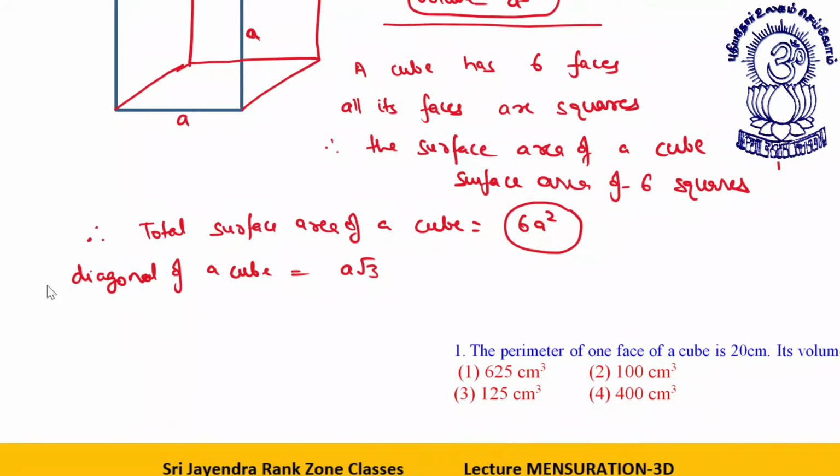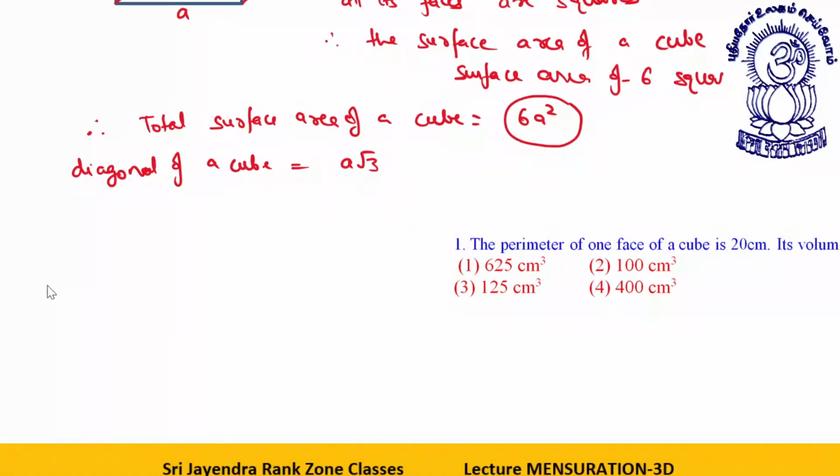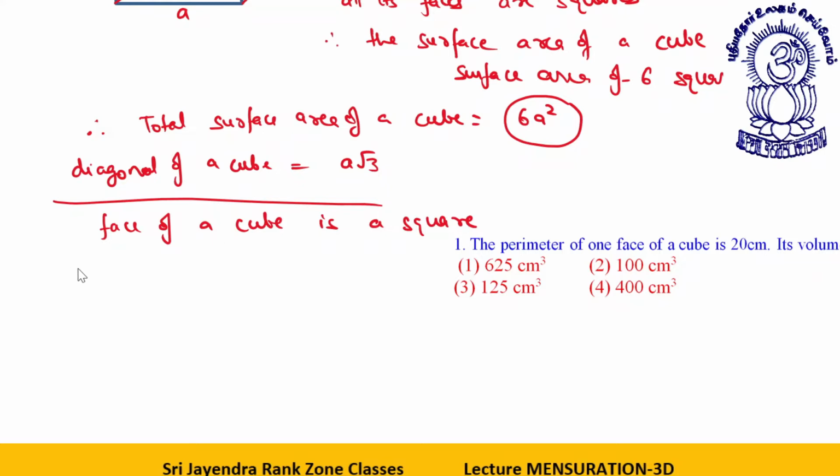Now, if I move ahead, dear students, the perimeter of one face of a cube is 20 centimeter. Its volume will be? Face of a cube is a square. So perimeter of one face is equal to 4a. This is given to you.